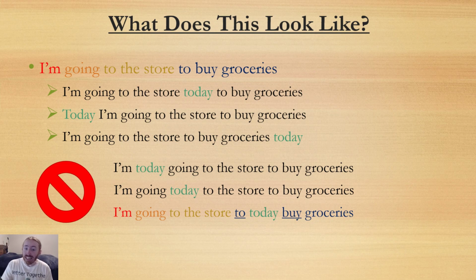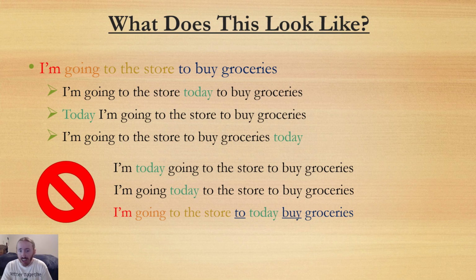And the biggest reason that this last one is so wrong is, number one, I've placed my when in between an infinitive verb, to plus a verb. And one of the basic rules of English is that you should never split an infinitive in this way. But even aside from the verb, I've put my when right in the middle of my why.